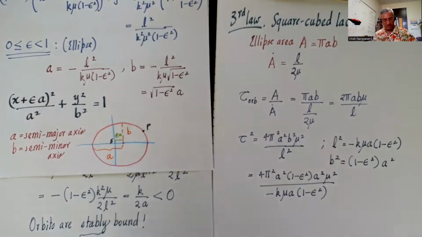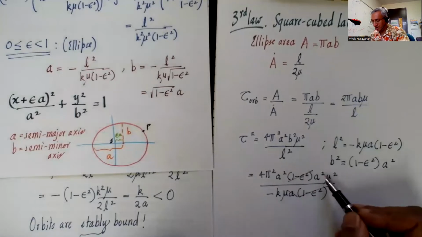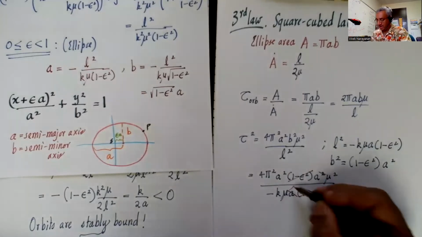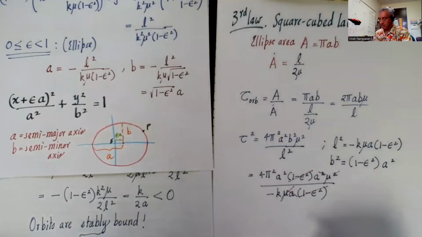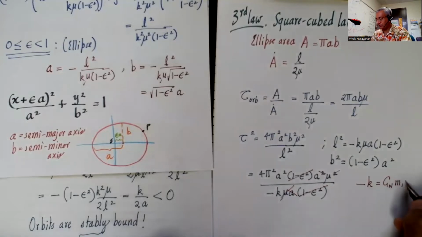Lo and behold, I lose 1 minus epsilon squared. I also lose a factor of A. A factor of mu goes away. So let's see what I have. Now at this point, I'm going to stick in what negative K is. Negative K is G Newton M1 M2.